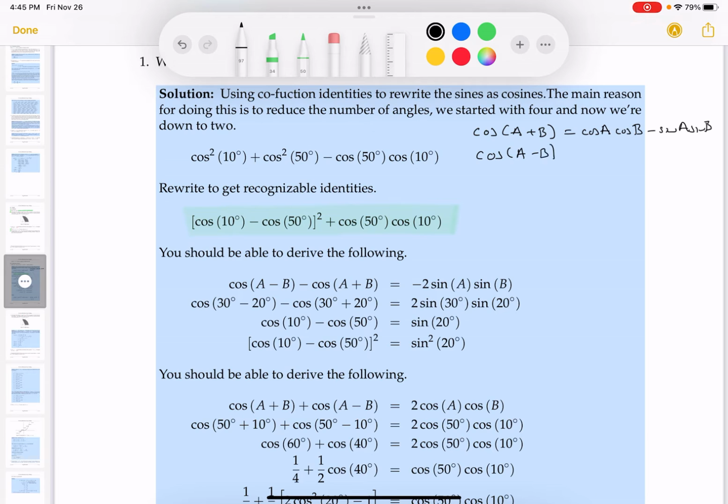Then A minus B, and that would be cosine A cosine B plus sine A sine B. All right? So what I'm looking for is a product. So I would just add those two together. So if you did that, we get cosine A plus B. Let's see what I get there. No, I'm going to subtract it. Let me put that down. Minus cosine A minus B.